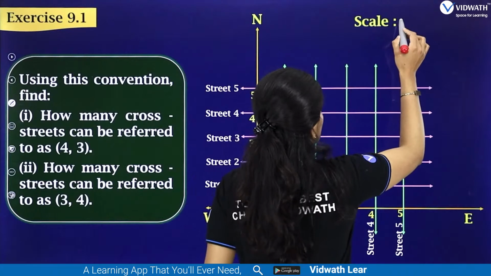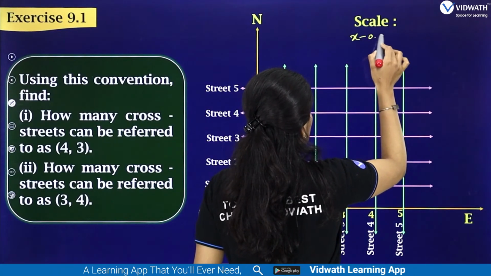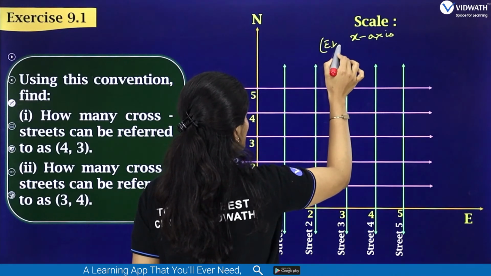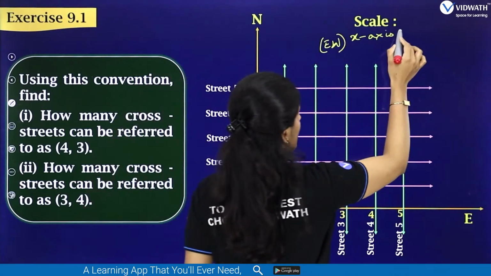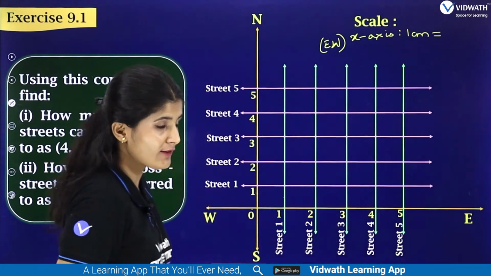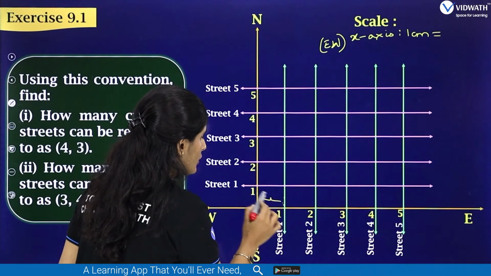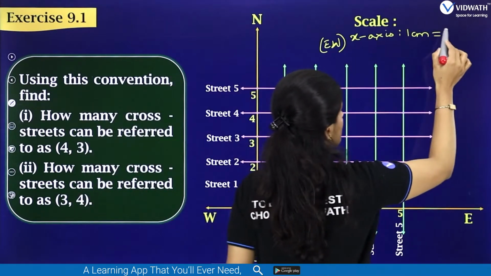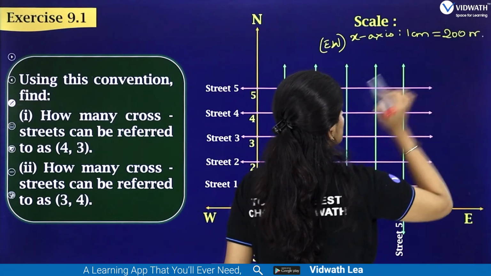So, on the x-axis, which in this case is the east-west road, each 1 centimeter on your graph book is nothing but 200 meters. Each of this distance is 200 meters.